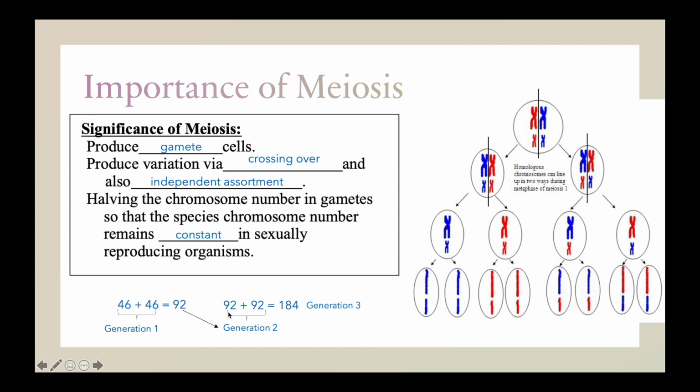When 2 individuals from the second generation get together and they are also producing diploid gametes, the third generation will have 184 chromosomes. And if this continues to happen, the species chromosome number will continue to increase exponentially.